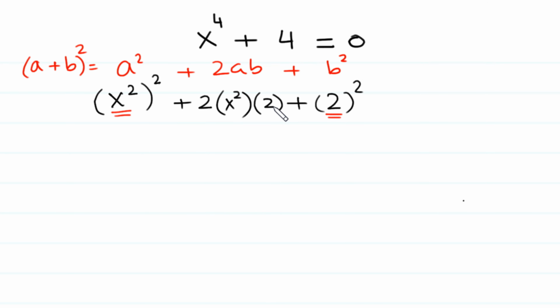Now to balance this equation, we have to subtract the same expression from it. Minus 2 times x square times 2 is equal to 0.